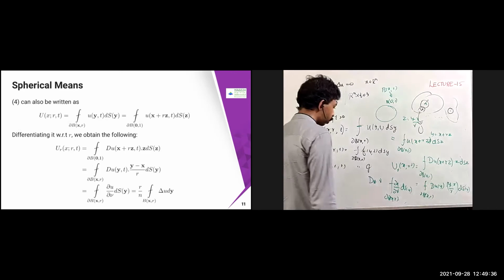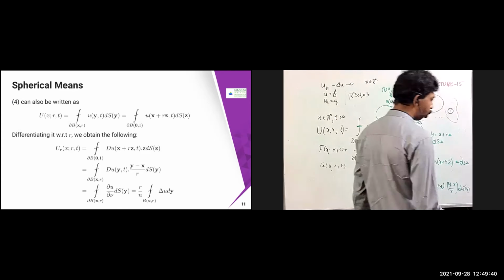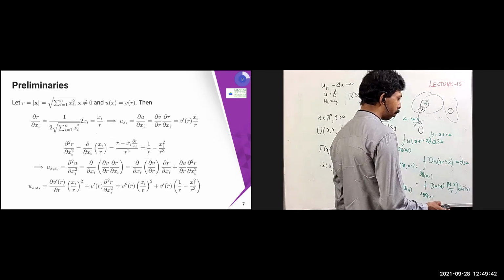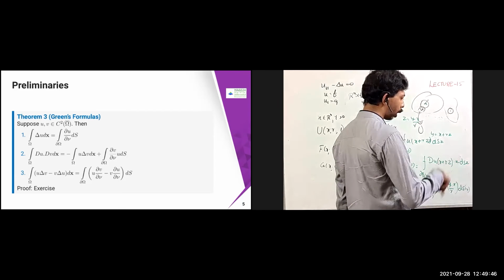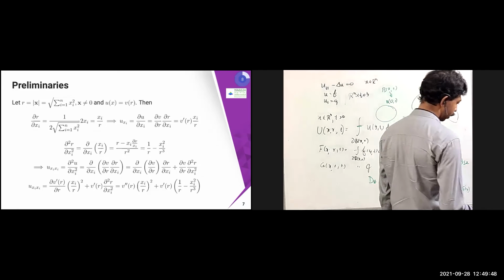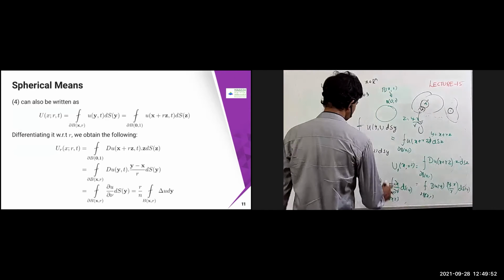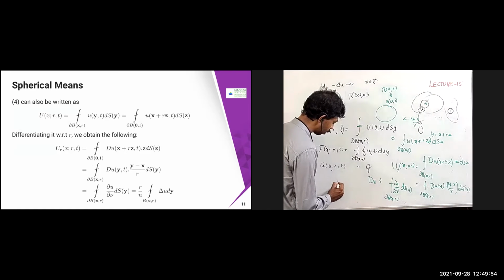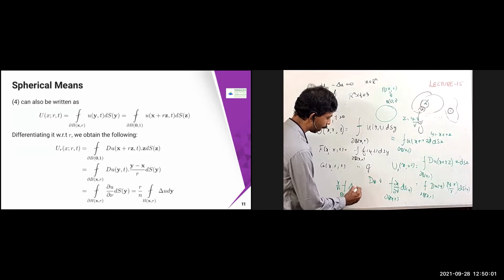Now we know this answer already. What is this one? ∂u/∂ν dS_y, from this theorem, is nothing but the integral over Omega of the Laplacian of u dx. So I can substitute that, and it becomes r by n into the integral over B of x comma r of Δu dx.